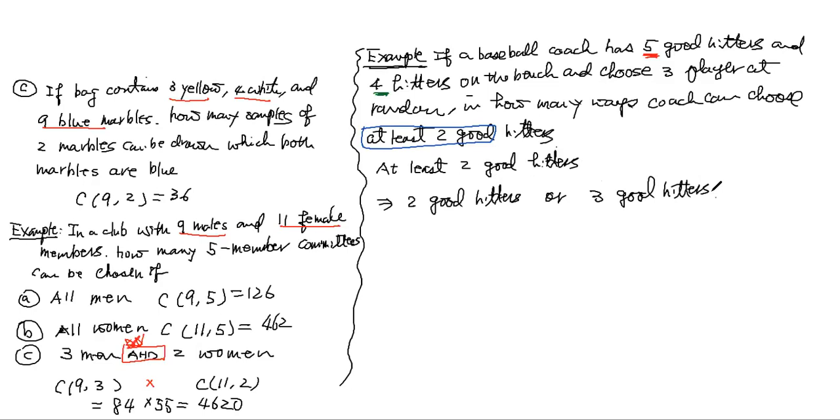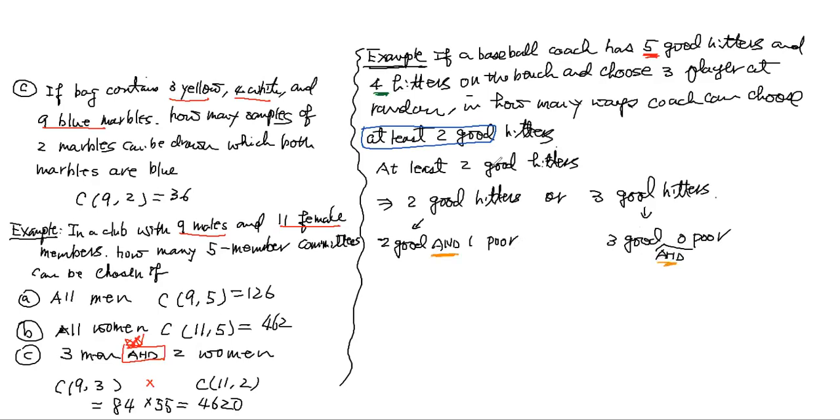Okay, for the 2 good hitters, I know how to do that. Let's break it down one more step. 2 good hitters means 2 are good and 1 is poor. 3 good hitters means 3 are good and 0 are poor. We have a few keywords here: this is "and."